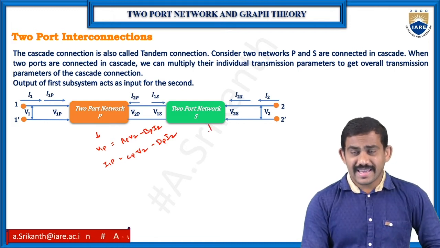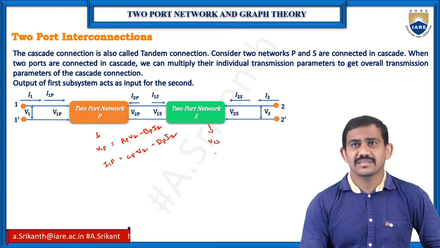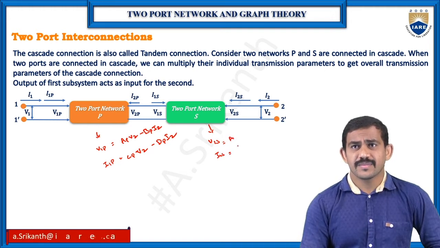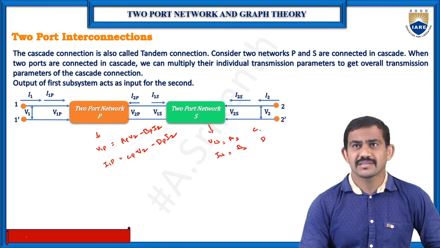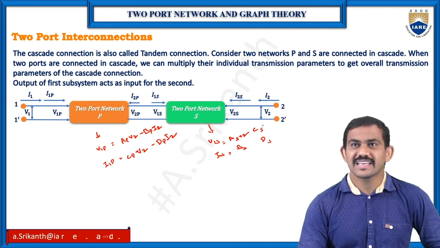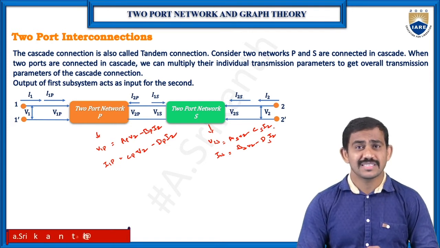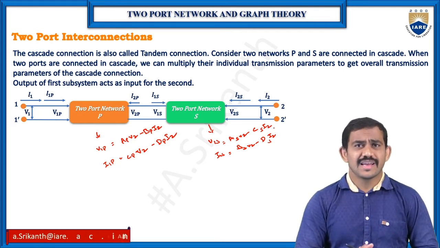Same as for the S network also: V1 of S and I1 of S, so A, B, C, D of S, and the same thing with V2 minus I2. It's very simple to write those equations when you know the parameter values.